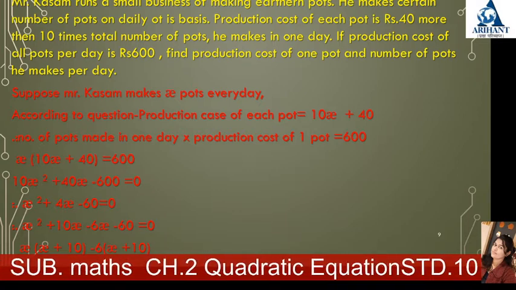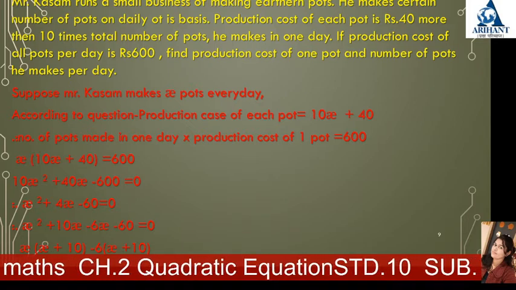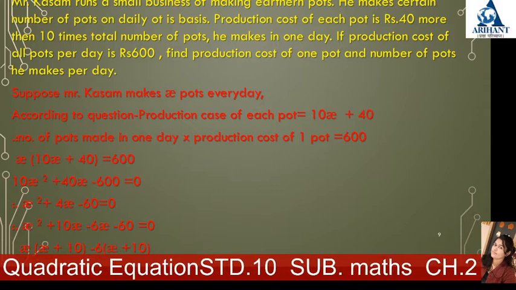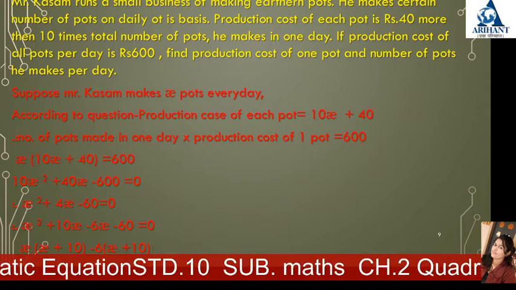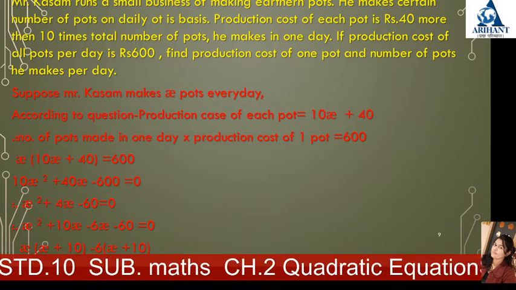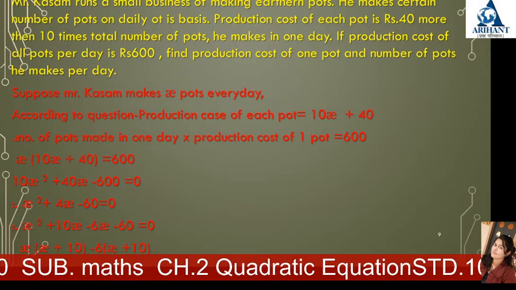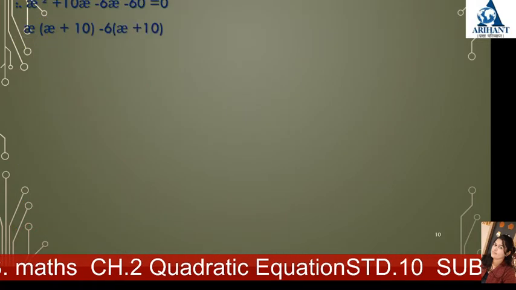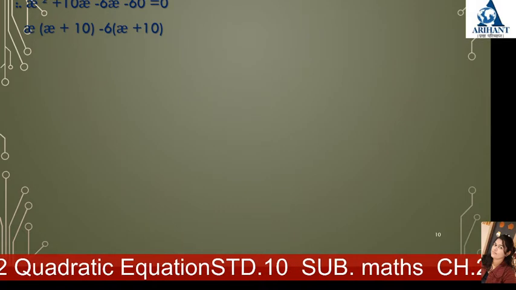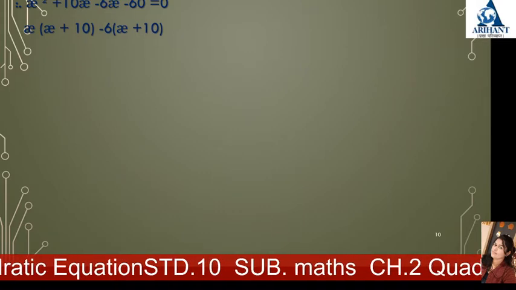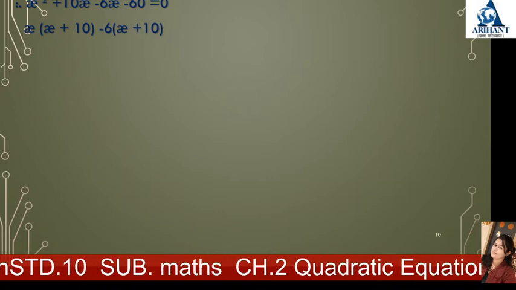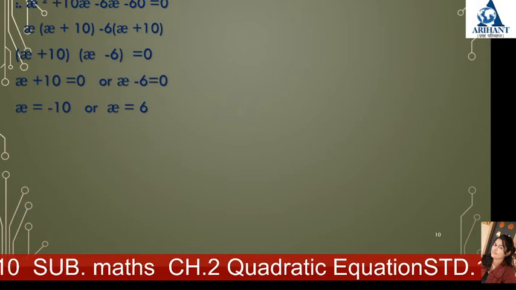Next, let's take x common from the first two terms. The bracket remaining is x plus 10. From the next two terms we can take 6 common, so the bracket remaining is x plus 10. Now we take the common bracket x plus 10 out, and the remaining bracket is x minus 6.